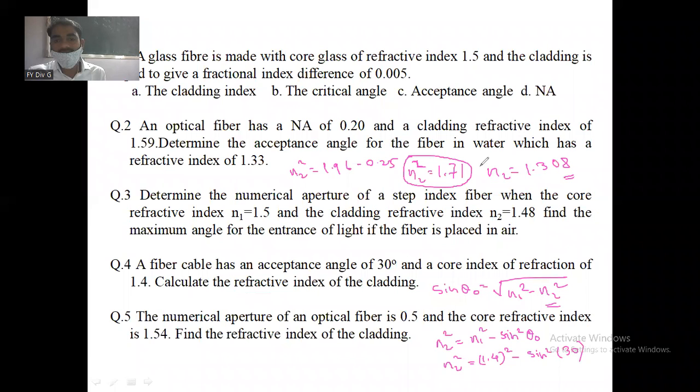Very good. This is the final answer. The refractive index of the cladding region is 1.308.